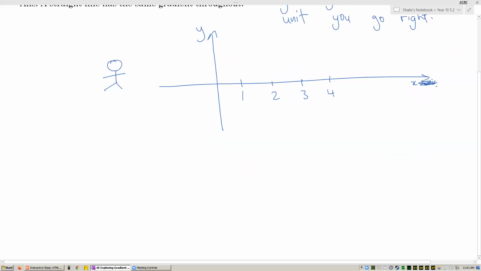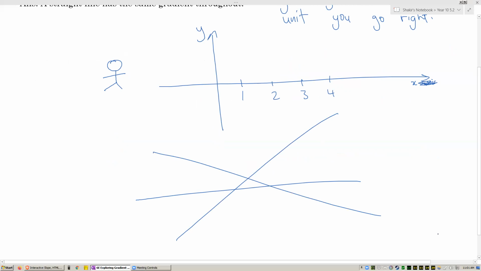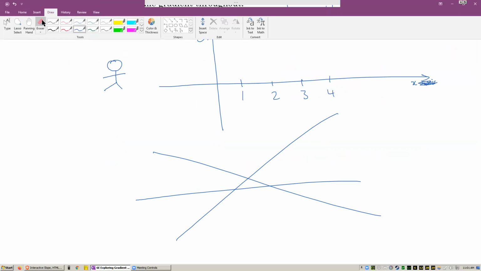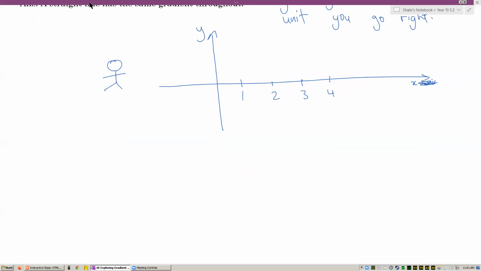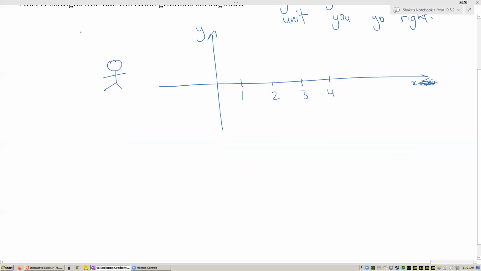Mathematically speaking, if I said draw a line, you'd be like, okay, do you want me to draw this line or that line or this line? Which line are we talking about? There are so many different possible lines. One thing you could tell me is the steepness of the line, like that, or like this.